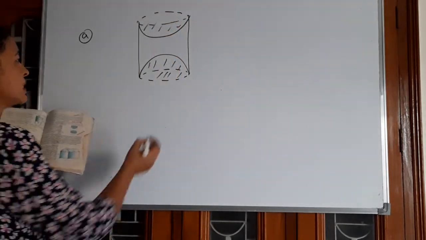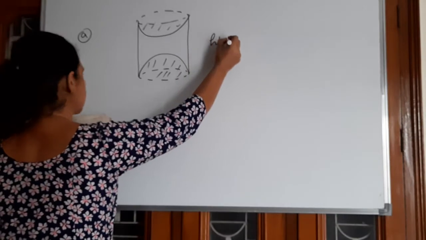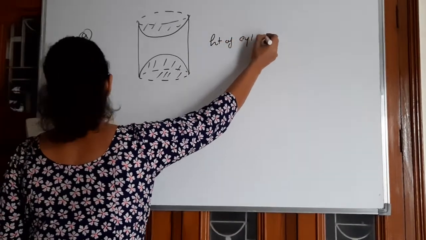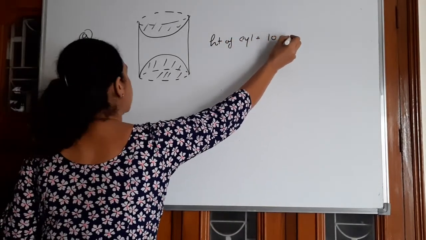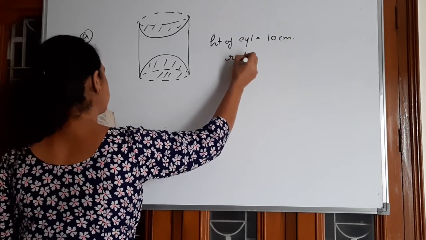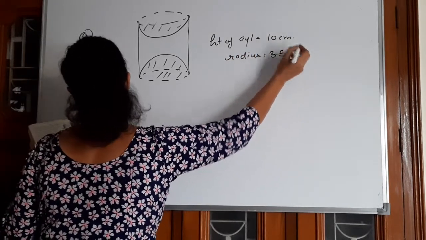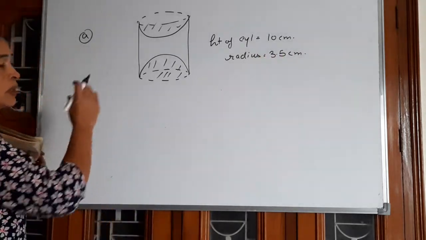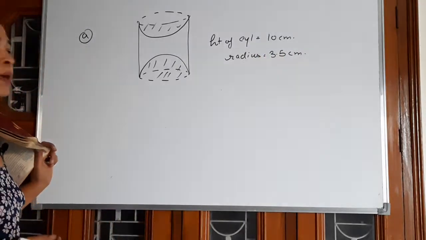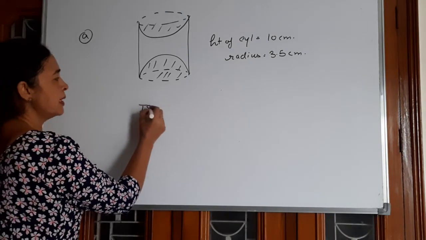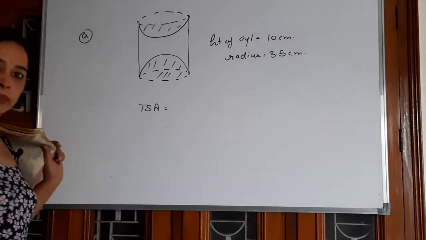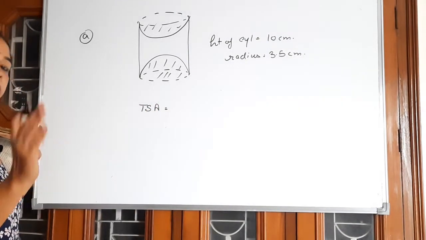If the height of the cylinder is given 10 centimeters and the radius is also given, 3.5 centimeters. We have to find the total surface area of the solid which is remaining. What will be the TSA of the remaining solid? We have to color it.